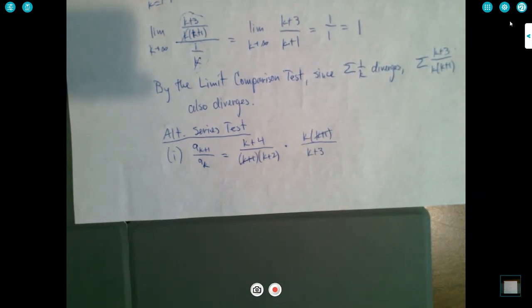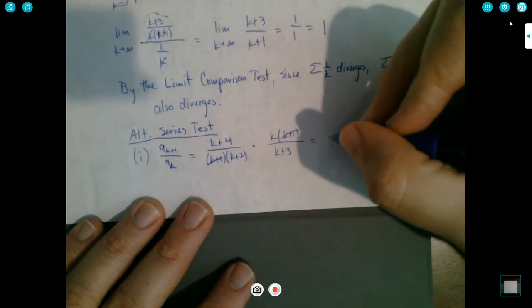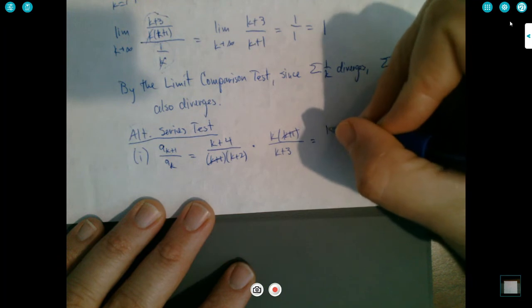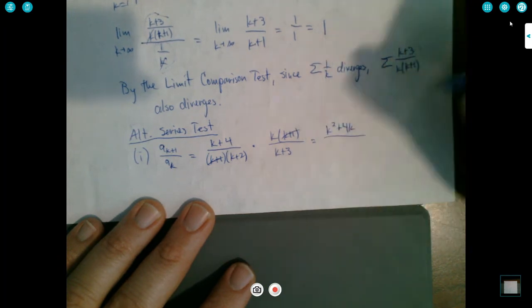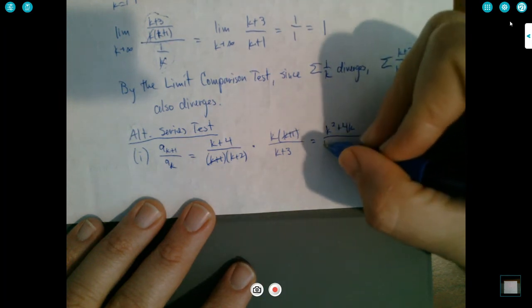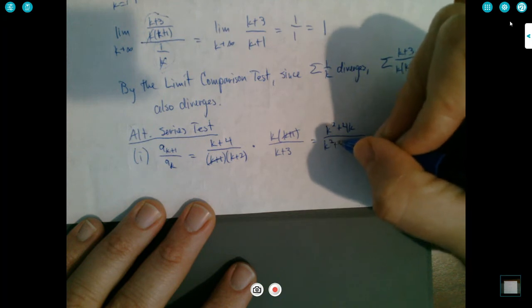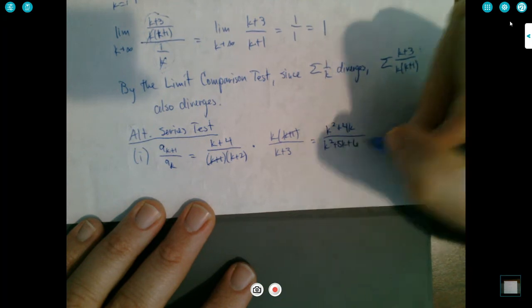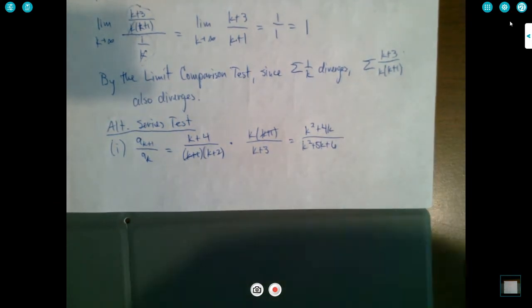Not a ton, though. In a way, this is even worse than what we had before. So what do we get? We get k squared plus 4k over k squared plus 5k plus 6. Goodness gracious. Well, yes. All right.